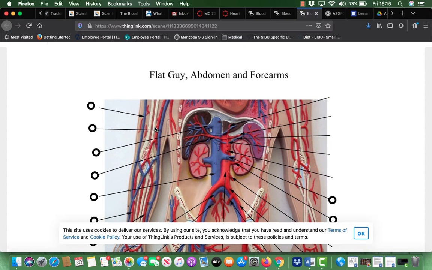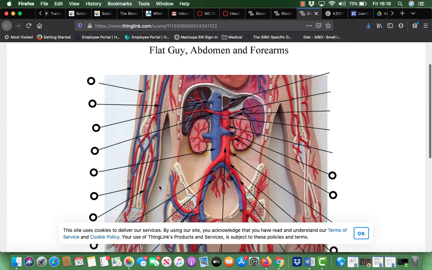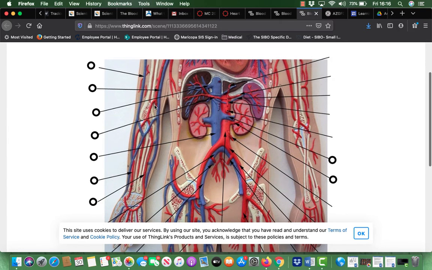And then as you branch down even further, you get into the brachial artery, which again isn't really depicted very well here.